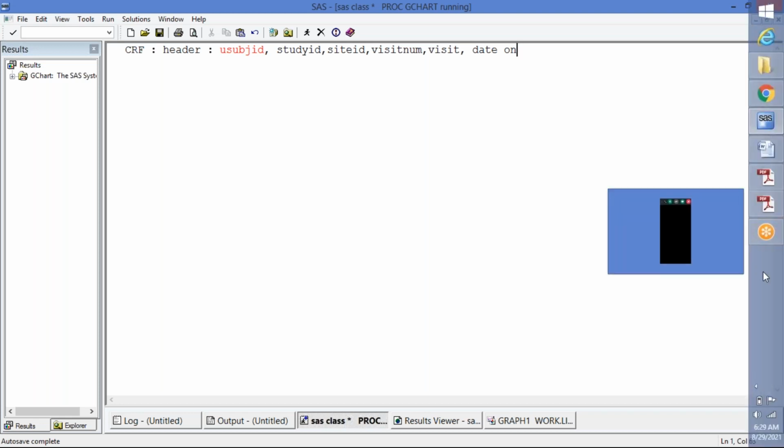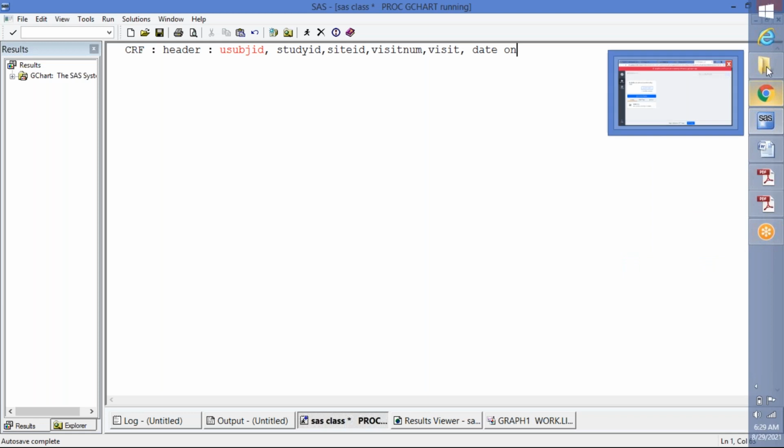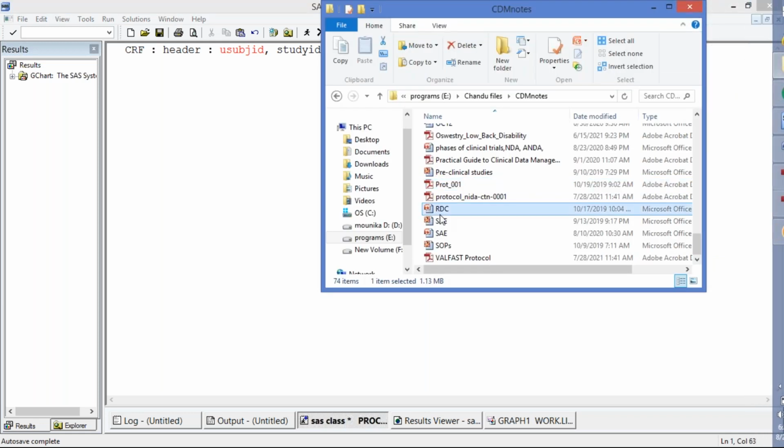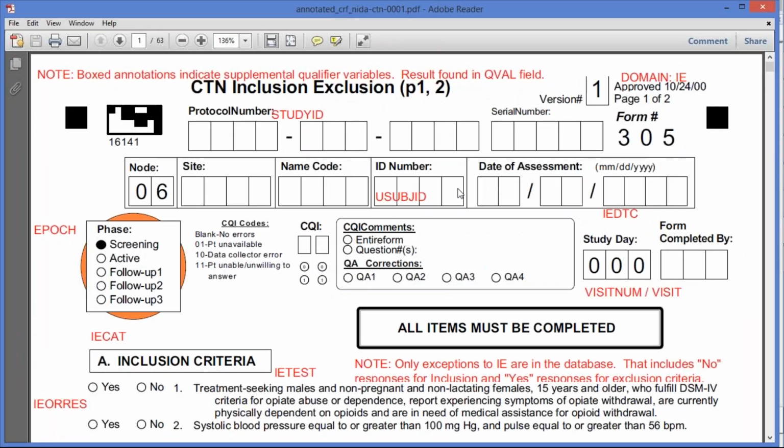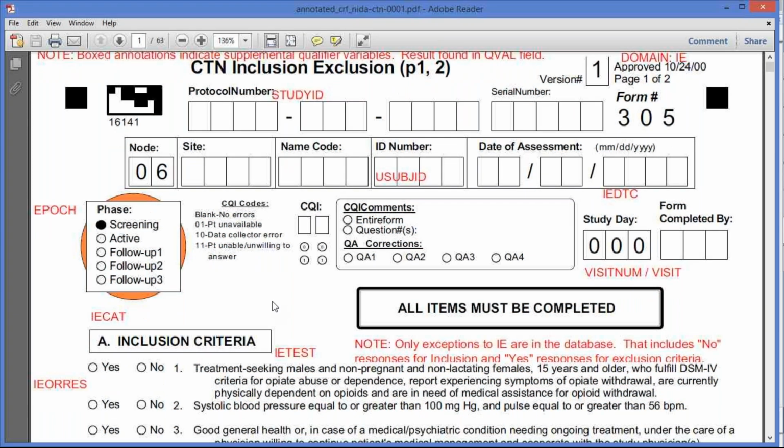I'll just show you one CRF. We have all the contents in the CRF. You can see this is the header part.